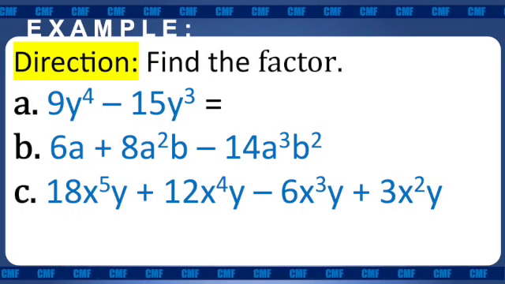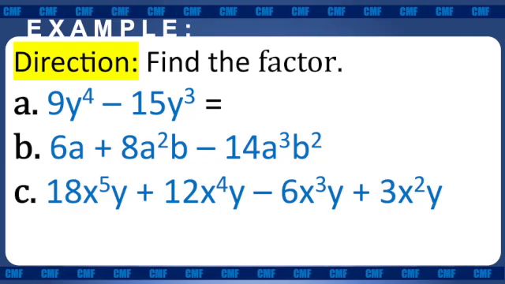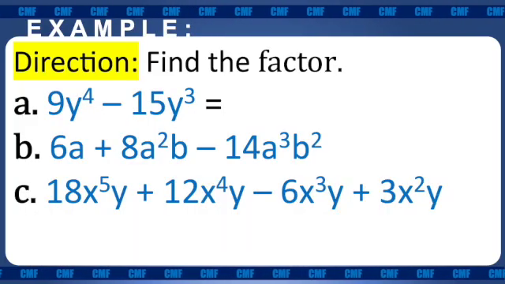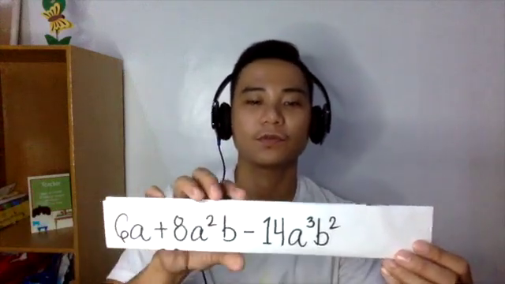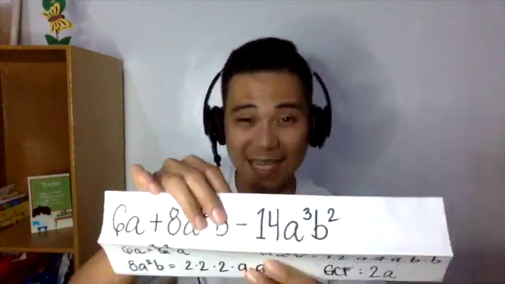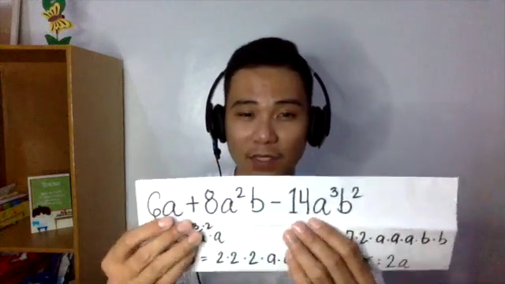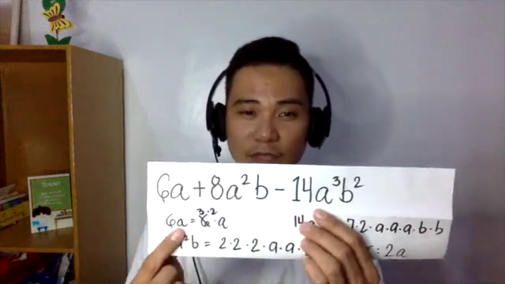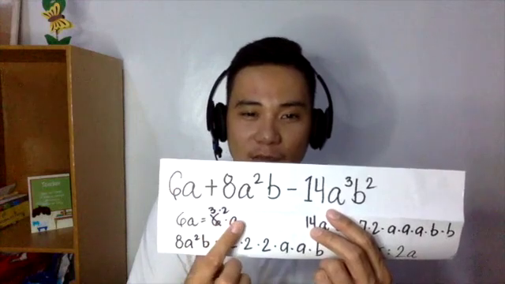Okay, next example, the letter B. It's 6a plus 8a squared b minus 14a cubed b squared. Same process as the one we did in the letter A. First, we have to identify the GCF of each term. 6a is 3 times 2 times a.